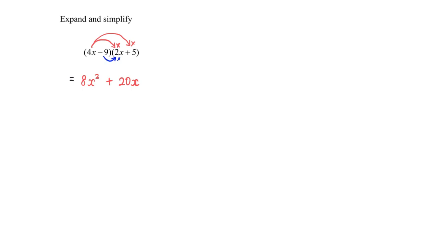Negative 9 times 2x, negative 18x. Negative 9 times positive 5, negative 45.